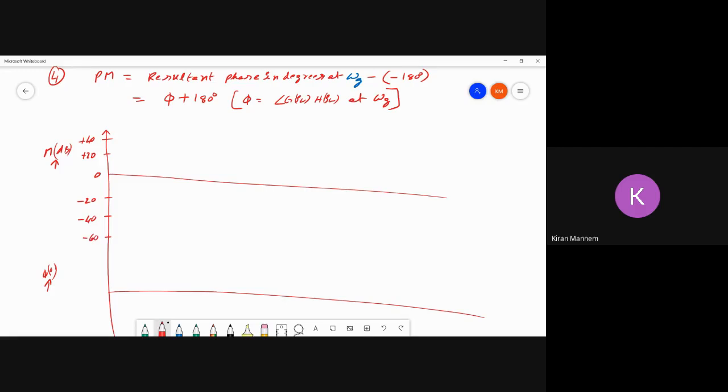For the phase, minus 60 degrees, and then start this here, 0 degrees.